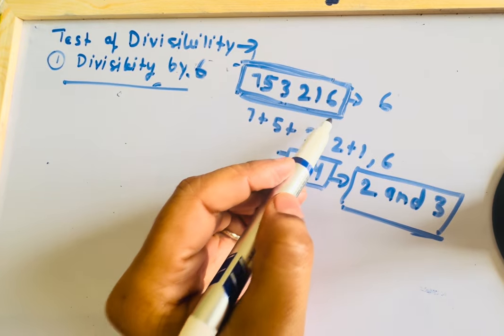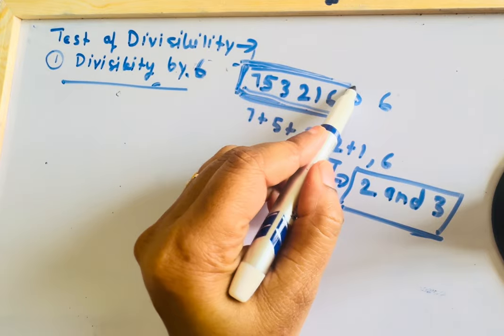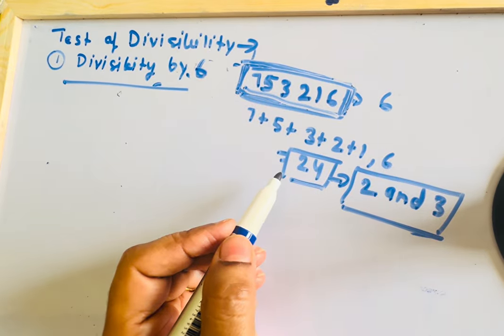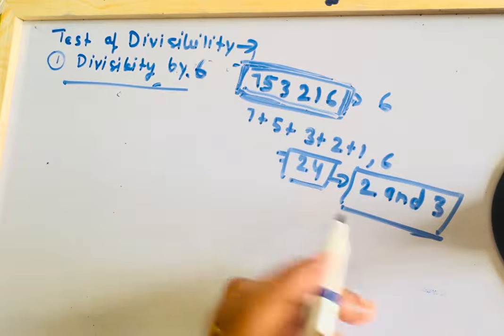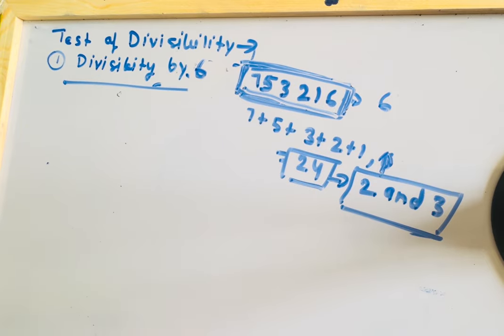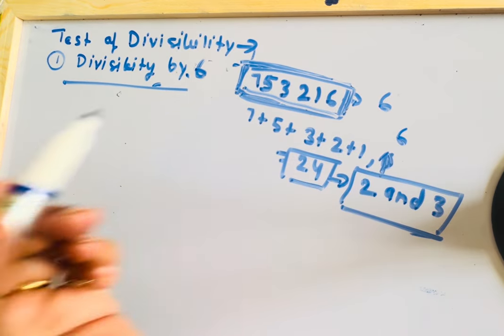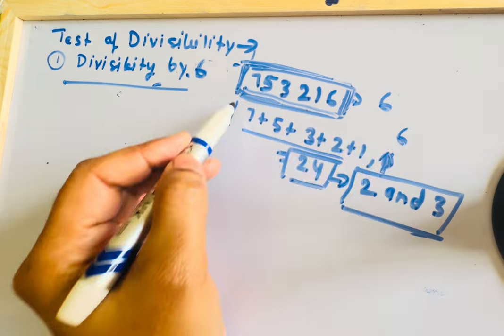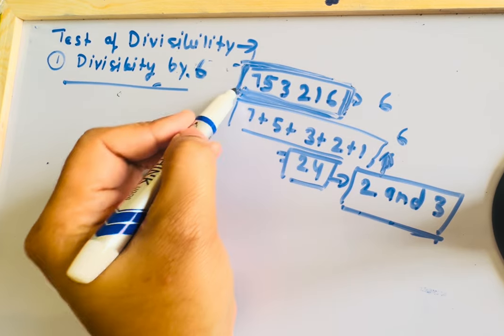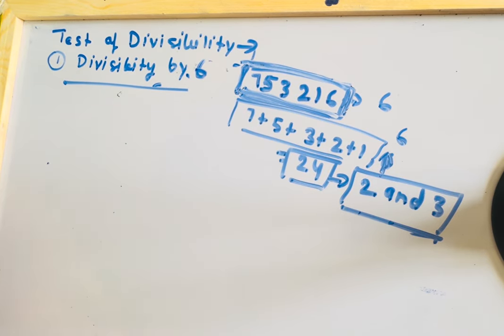See, the sum of all digits is divisible by 2 and 3 both. It means that number is divisible by 6.